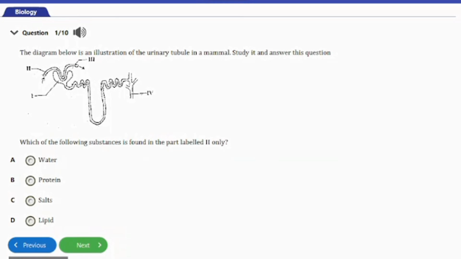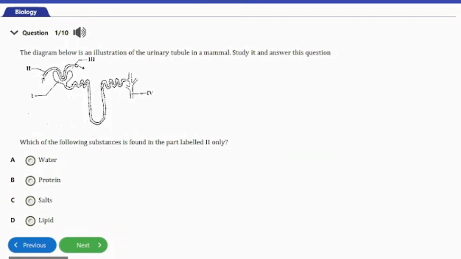Whereas the other substances that make up the blood constituents will pass through there, apart from the plasma proteins and the blood cells. Blood cells are not among these options, so we only have the plasma proteins. They are the only components here that will be found in II but will not pass down to the Bowman's capsule. So that's it for that question.